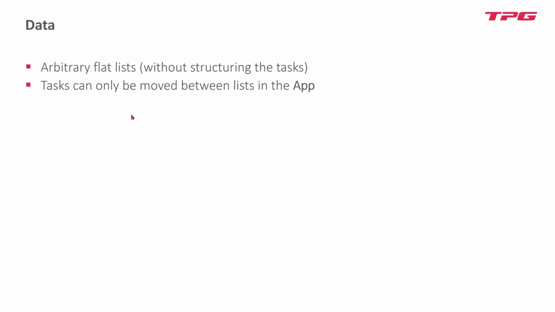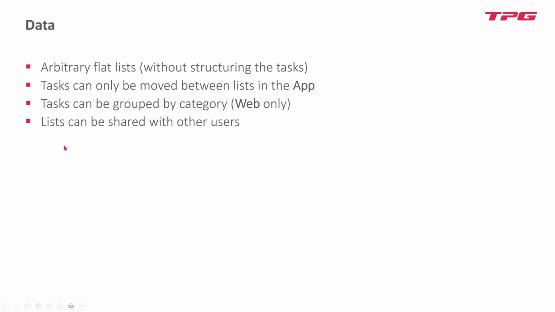You can do this in the app, and if you're wondering why you can't do it at the moment, maybe you are currently in the web app, which doesn't work for moving tasks between lists, some minor issue here, but worth remembering. Tasks can be grouped by category, okay, but not in the app, in web only. So there are at least two mini differences between the app that's running on your desktop and the web version that's running in your browser.